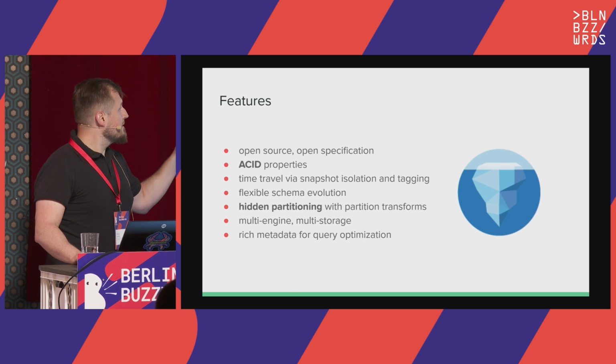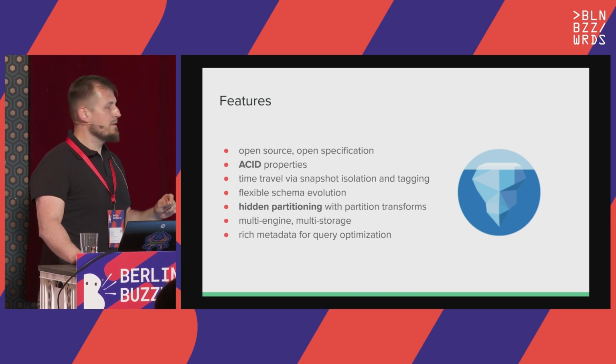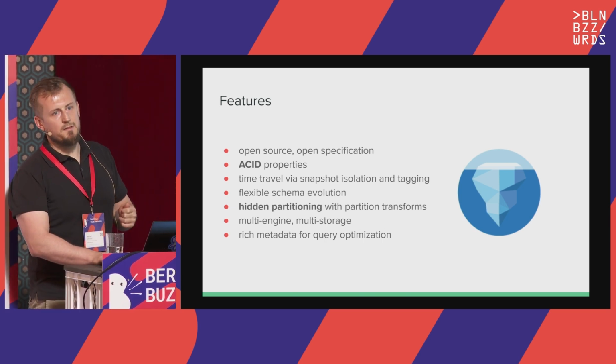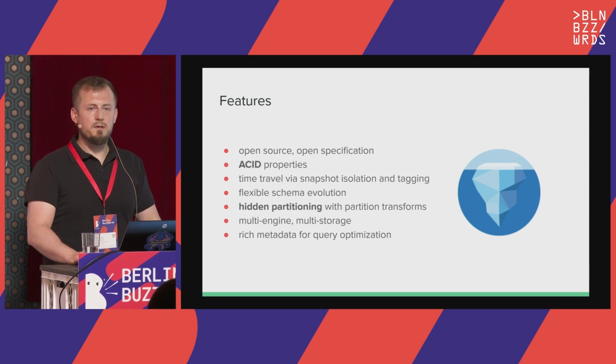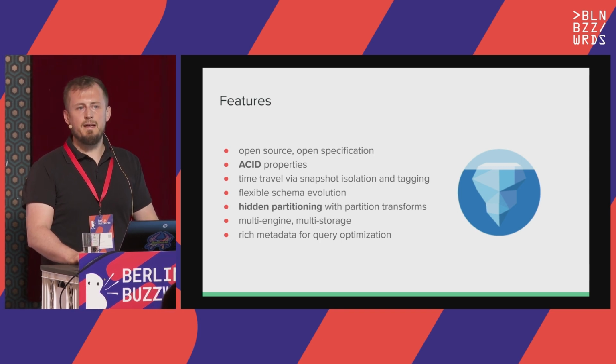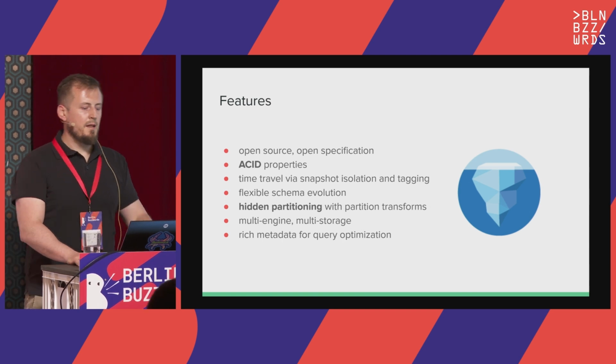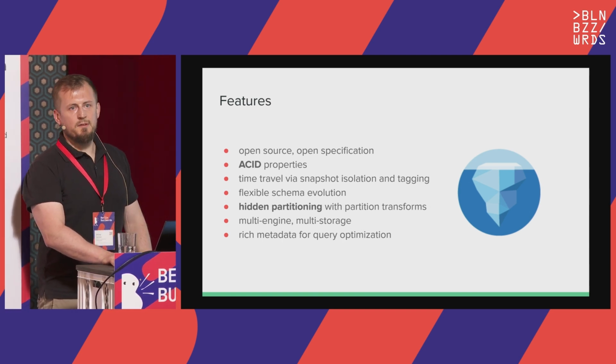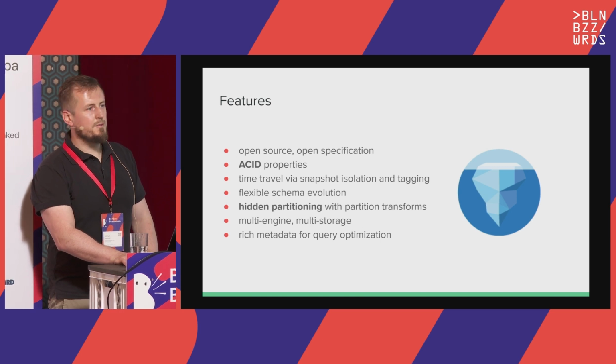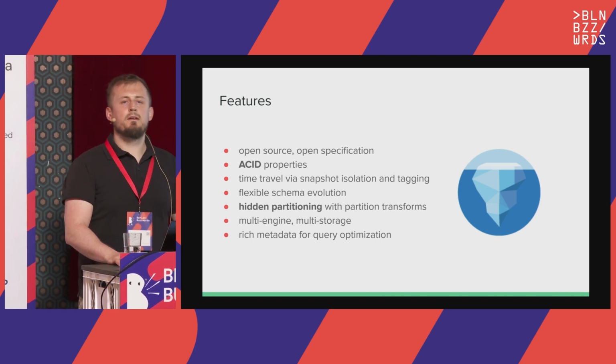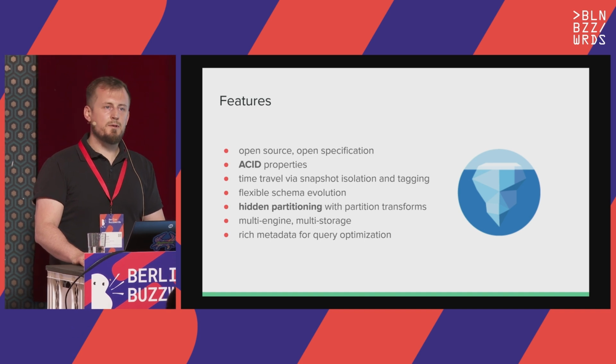When I say that Iceberg is multi-engine and multi-storage, that just means that you can deploy it essentially anywhere: on the cloud, on HDFS, on any local storage with local volumes as well. Multi-engine means that there are multiple data processing engines and libraries that already support it.